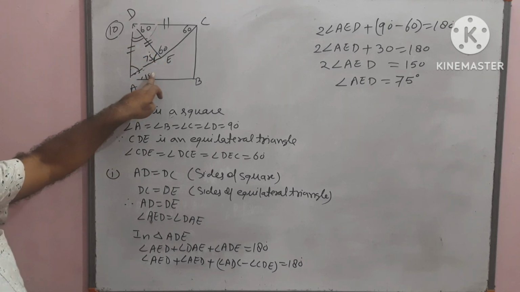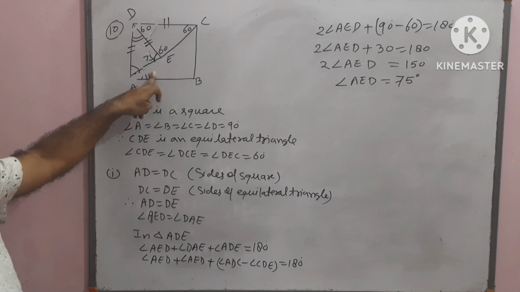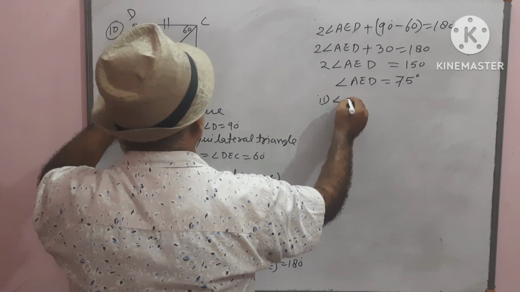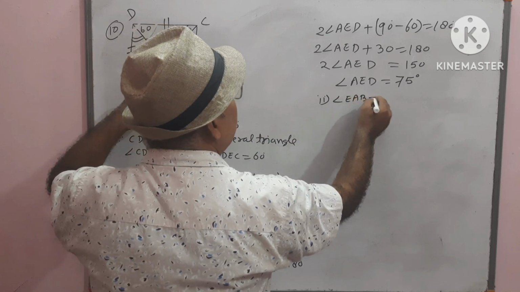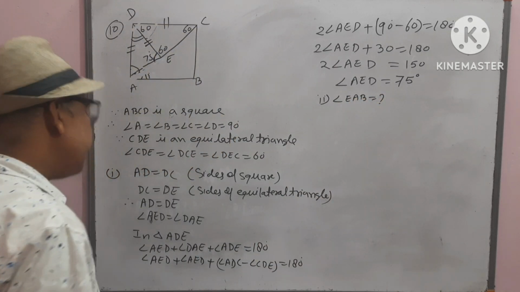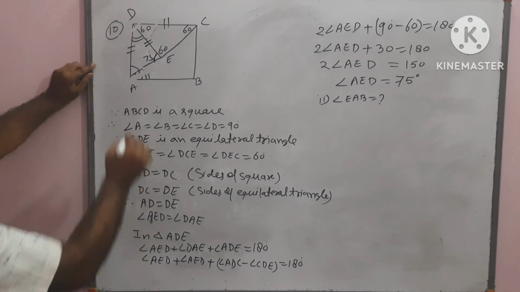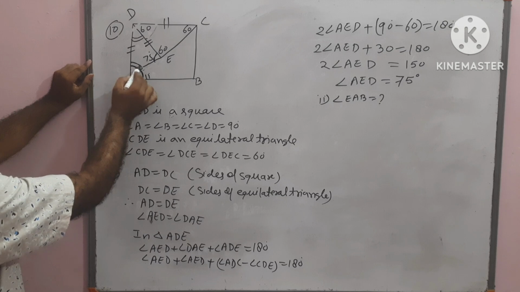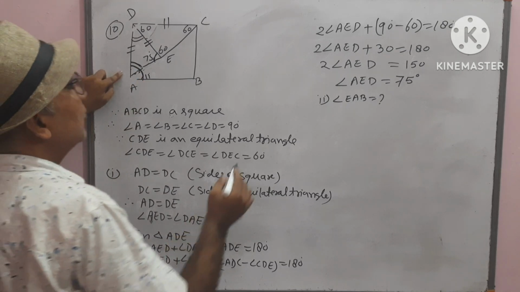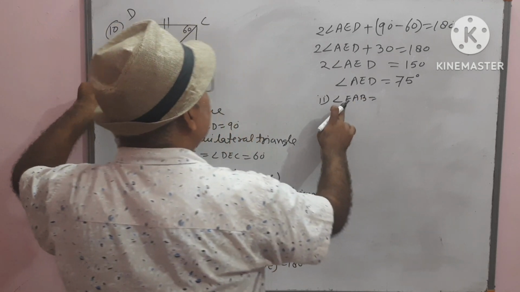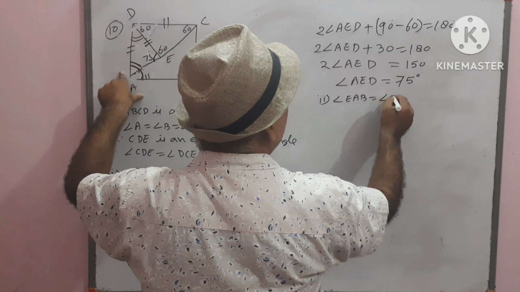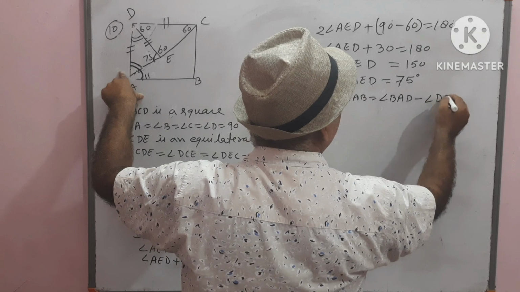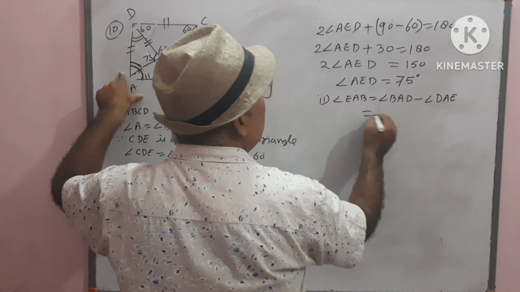Now we have to find angle EAB. This is the second part. In the second part we have to find EAB. Okay. Now watch. This complete angle is 90 degrees and this angle is 75 that we have got. Angle EAB is equal to angle BAD minus angle DAE.